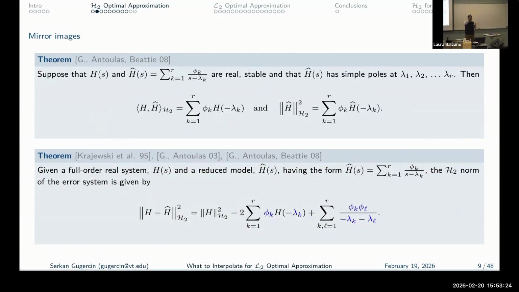In the H-infinity approximation, you want a uniform behavior on the imaginary axis. So you want to balance where the poles are with where the zeros are. That's the intuition I can give for the mirror image. Is that making sense? Yes.